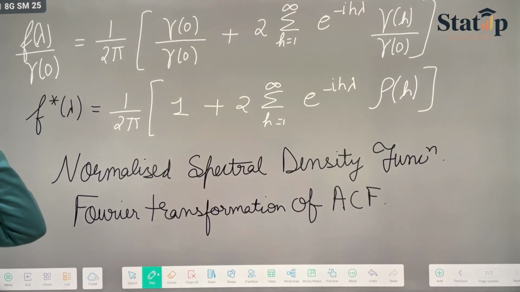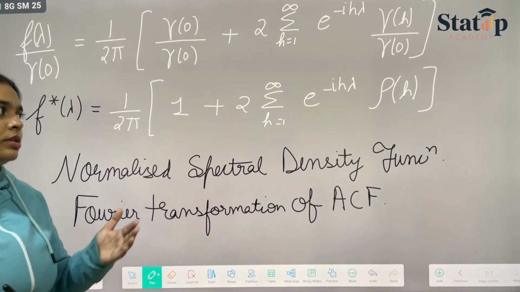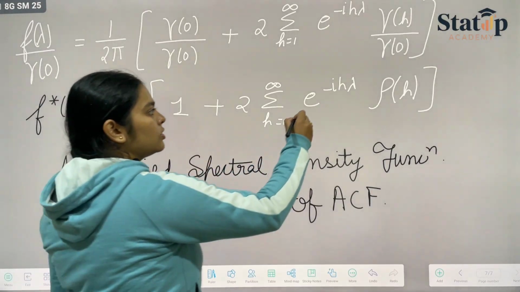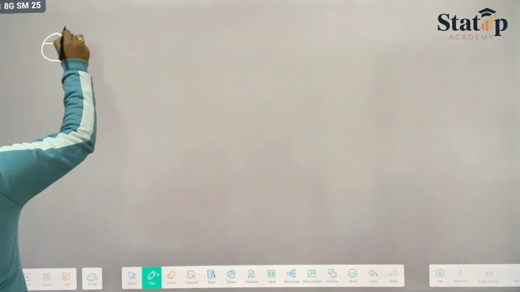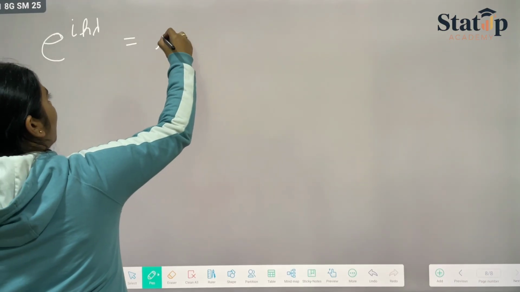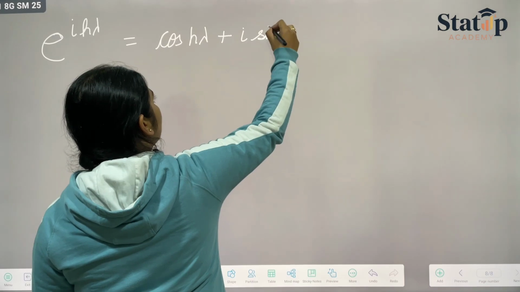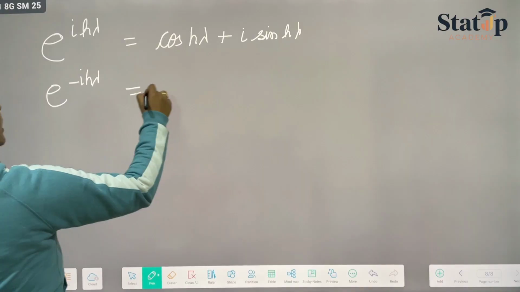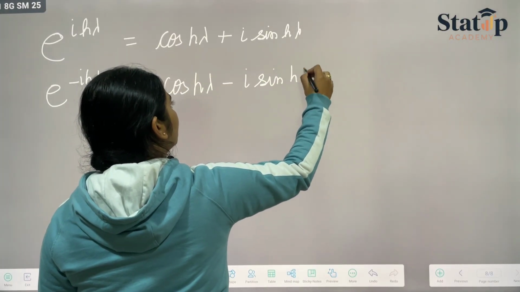because Fourier transformation means conversion of sines and cosines, sum of sines and cosines. So here sine is negative. Here, e raised to the power minus I h lambda can be written as cos h lambda plus I sine h lambda, and e raised to the power minus I h lambda can be written as cos h lambda minus I sine h lambda.